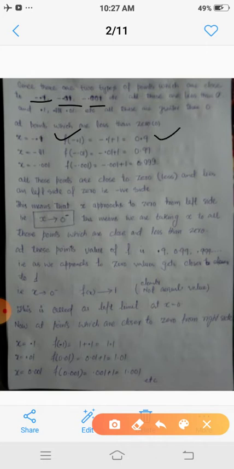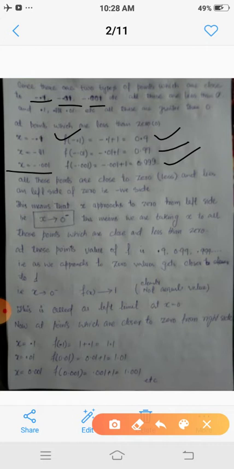Similarly at x equals minus 0.01, the value is 0.99. Similarly at minus 0.001, the value of the function is 0.999. So this means that there are infinitely many points which are closer to 0 from the left side, that is which are less than 0, and we can find the value of the function at those points.